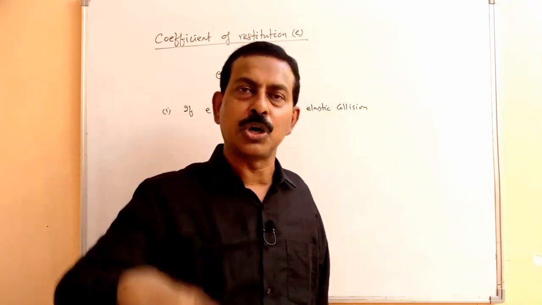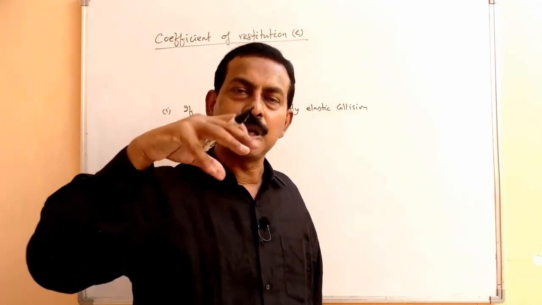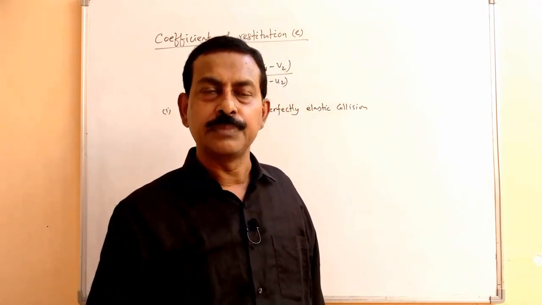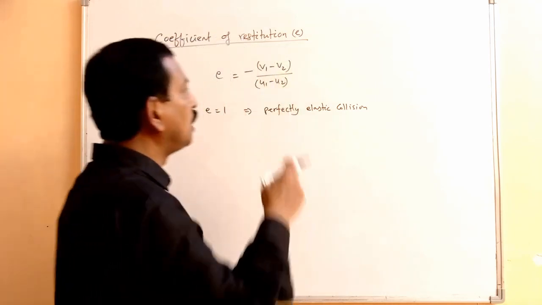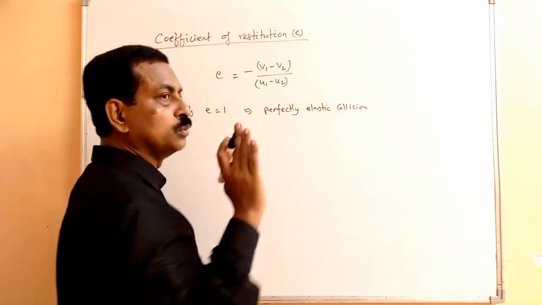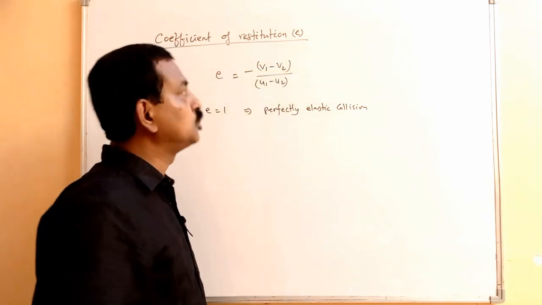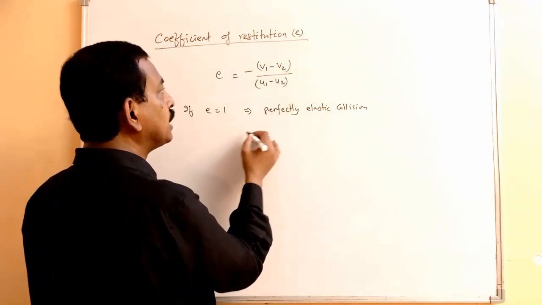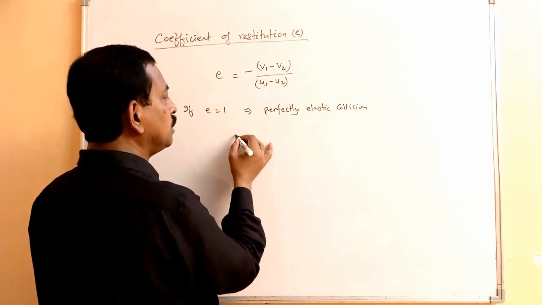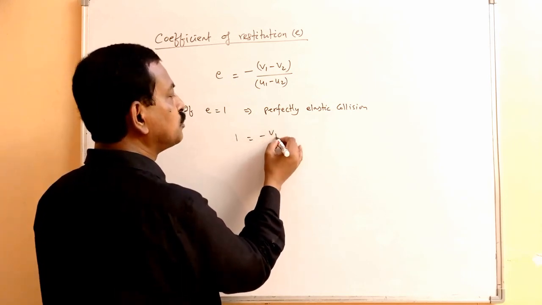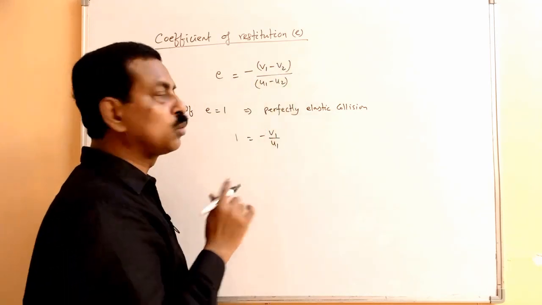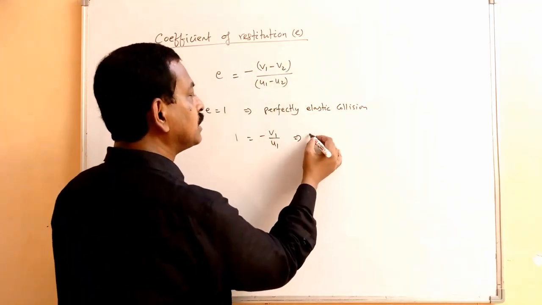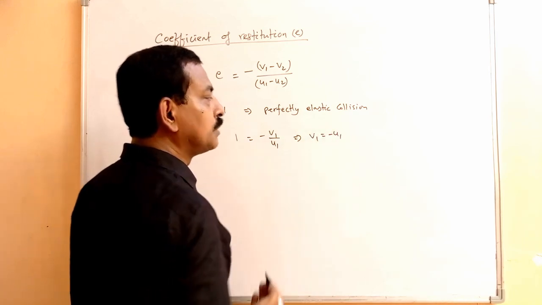Or say you take a ball, you drop it. If a ball is dropped, it collides with ground, it gets reflected back. So here we can assume u2 and v2 are 0, that is the velocity of the earth you can consider. So here you will get 1 equals to minus v1 by u1, because v2 and u2 will be equal. That indicates that v1 will be minus u1.